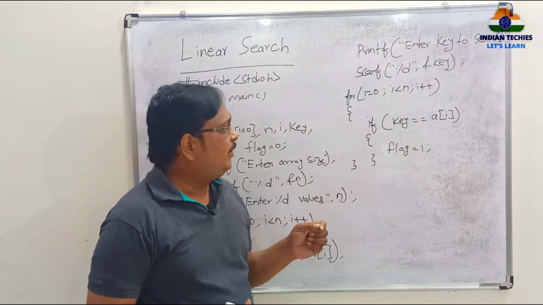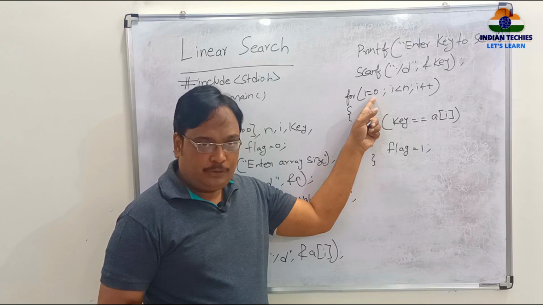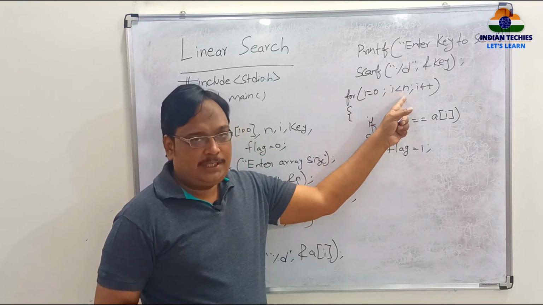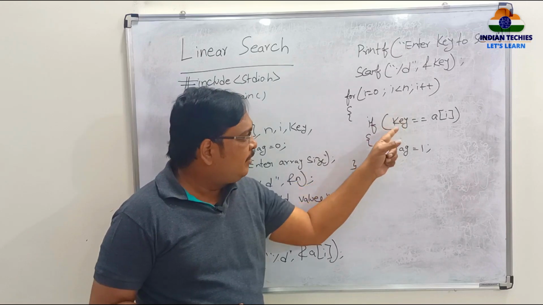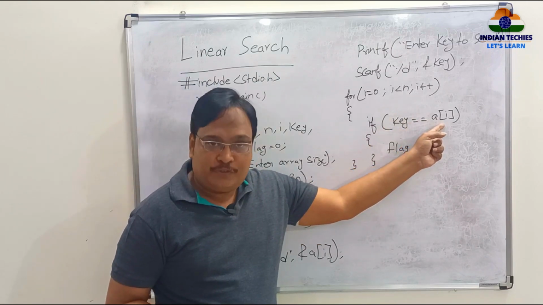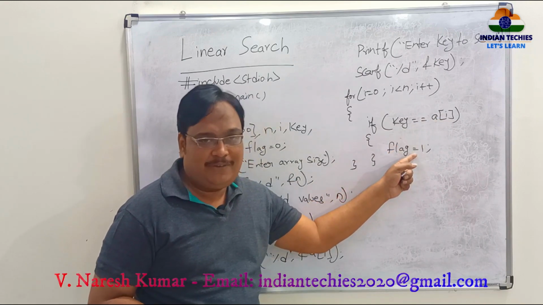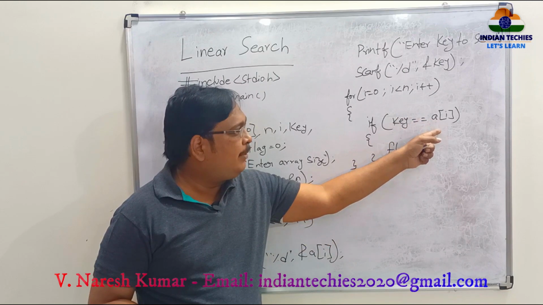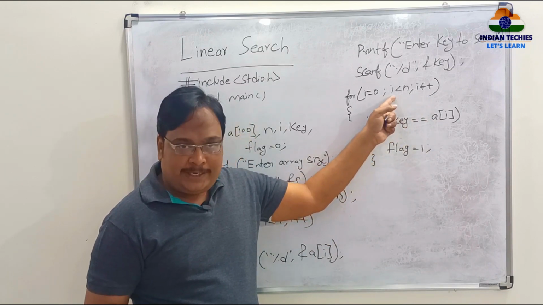If you observe this, whenever your element is found, when i is equal to 0, since 0 is less than n, suppose your elements are 10, 0 is less than 10, yes. So your key is some value. If your key is matched with a[0], that is the first element, then you are setting the flag value as 1. If it is not matched, i will be incremented and it will become 1.